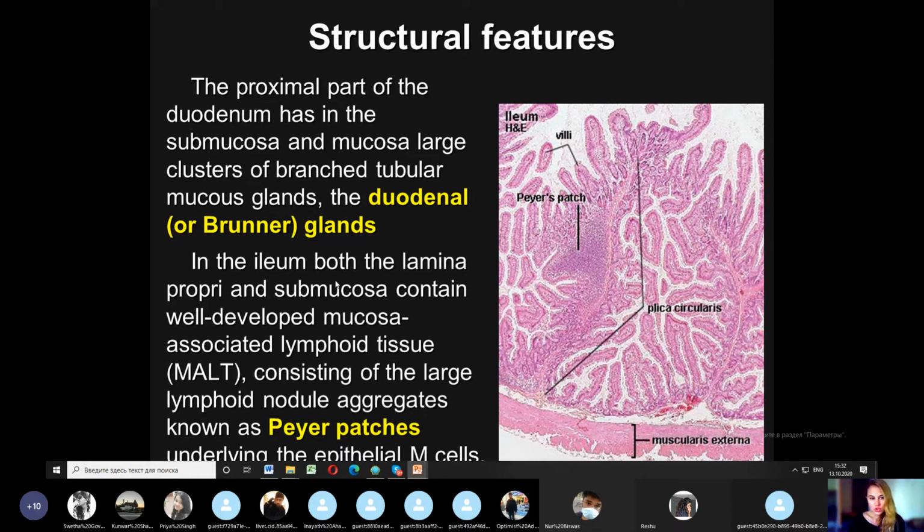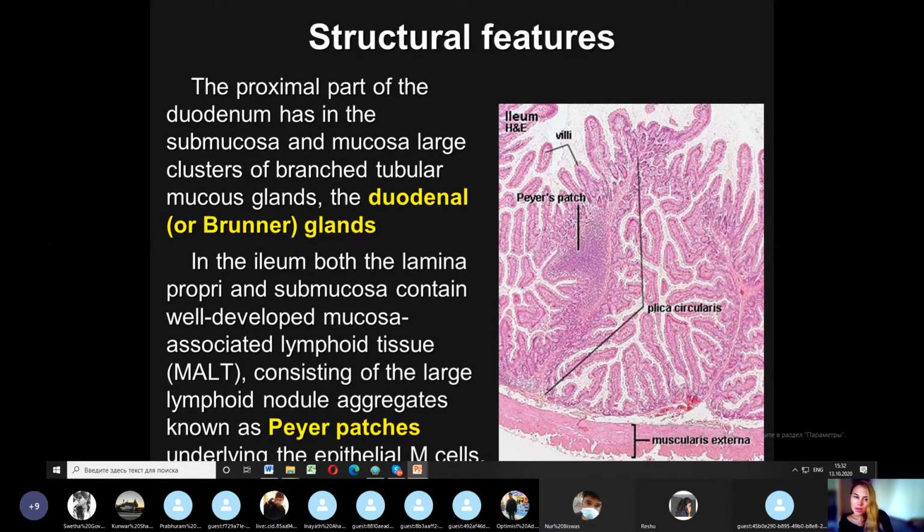Second structural feature is dedicated to the ileum. The ileum contains greatly developed mucosa-associated lymphoid tissue that are called Peyer's patches. The Peyer's patches over here we can see in the small intestine are aggregations of the lymphoid tissue in the tunica submucosa, which, as we mentioned before, underlie the M cells.